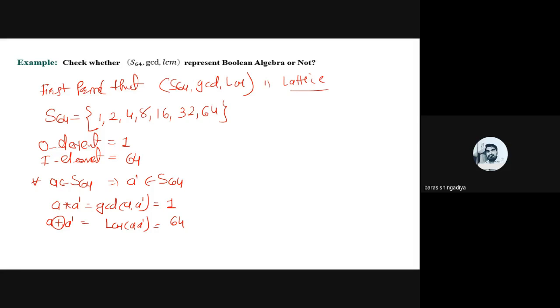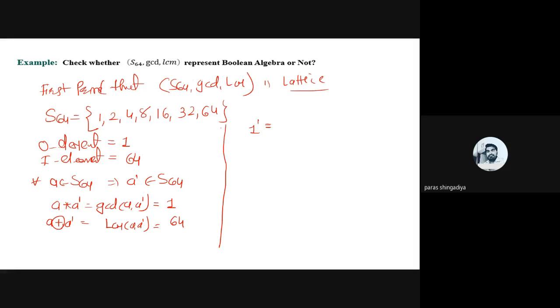So let us consider the first entry, 1. Here the complement of 1 means 1 dash. Which entry can we consider from S64? The choices are 1, 2, 4, 8, 16, 32 and 64. We check which number we can consider, because GCD with 1 is equal to 1, and LCM with 1 should be 64.